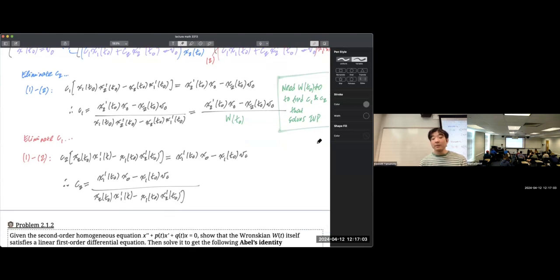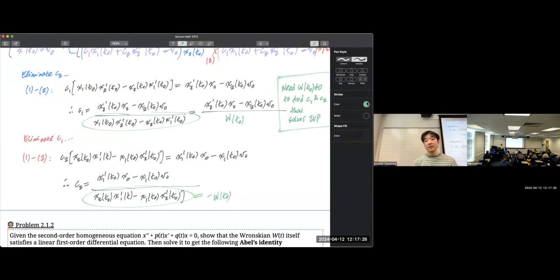All right. So this bottom right here, you look at this bottom right here. It's like the same as this, but instead you have x2 and x1 prime here, and then x1 and x2 prime here. So this is like the negative of the Wronskian.